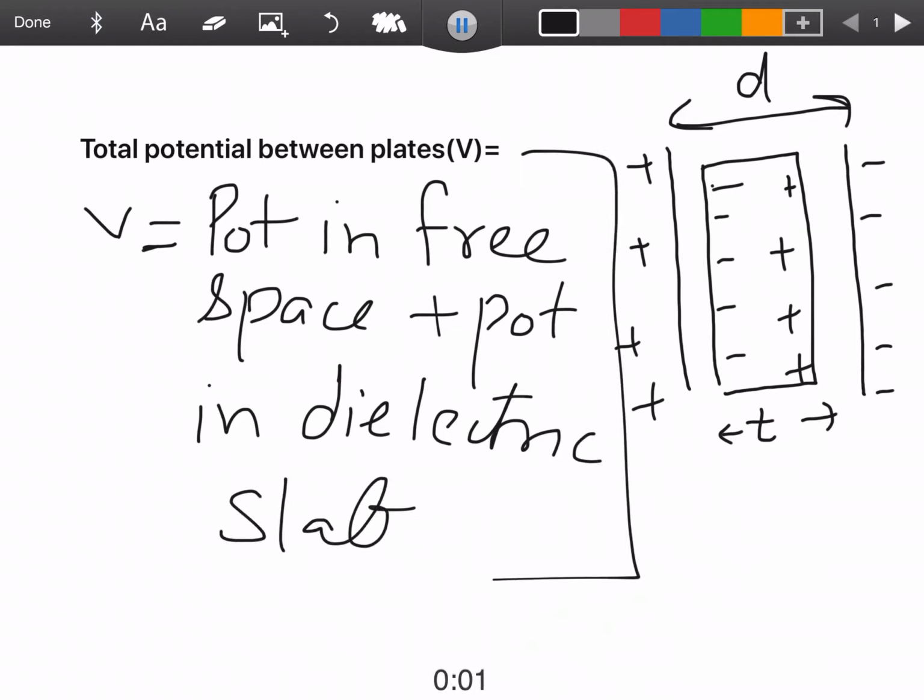So our total potential will be equals to the sum of potential in free space and potential in the dielectric slab. So now we just need to write the expressions of these.